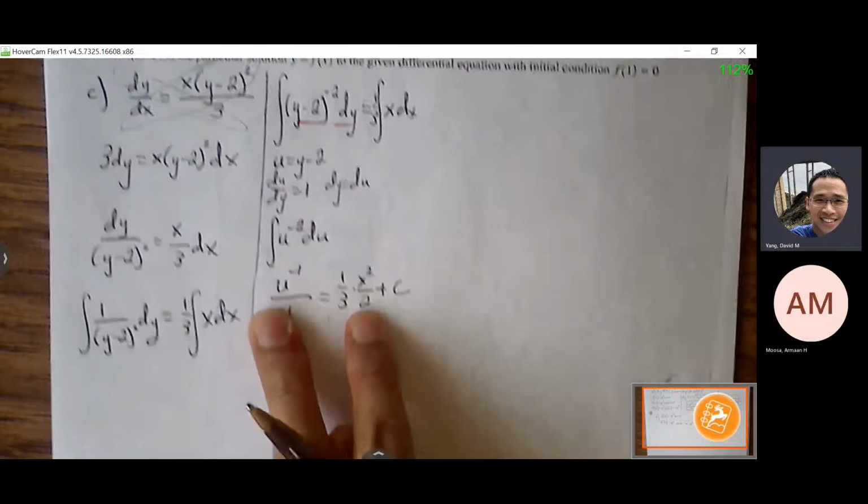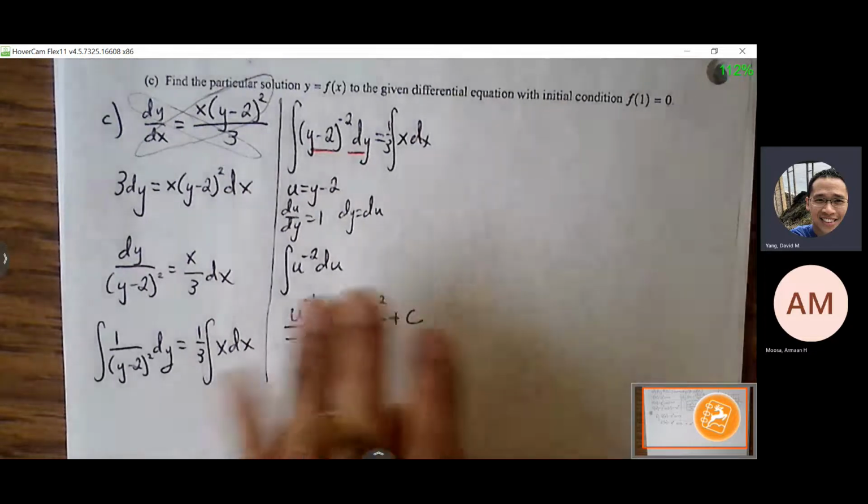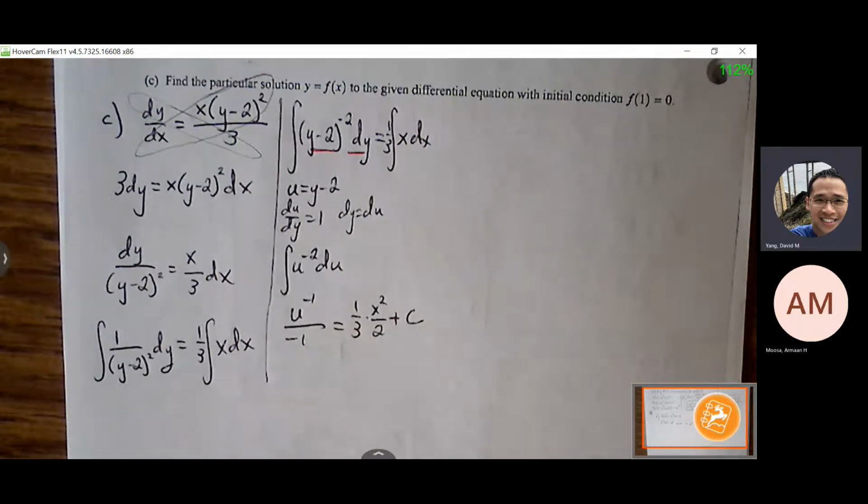So we took care of our calculus, the plus c shows up, and everything else after is just algebraic. We're going to bring the y back, solve for c, and solve for y.